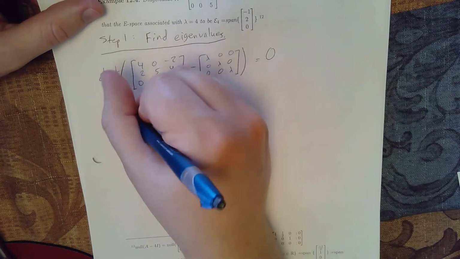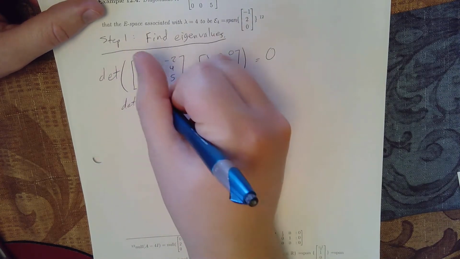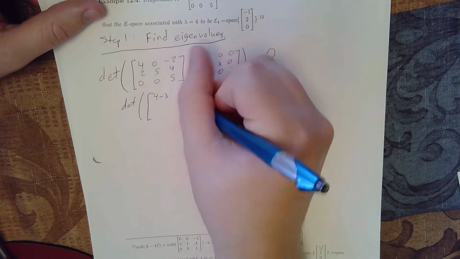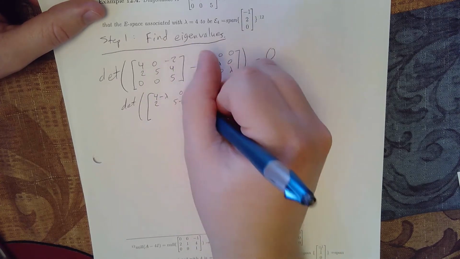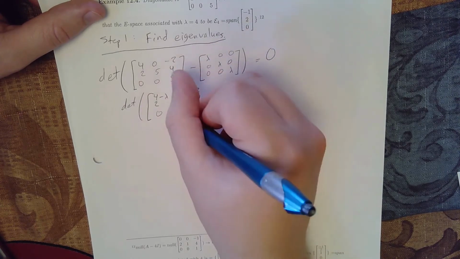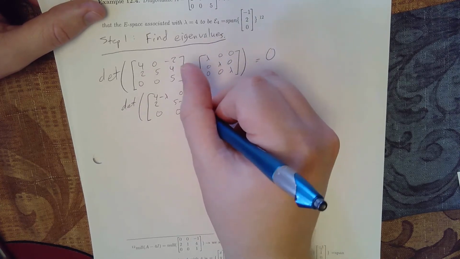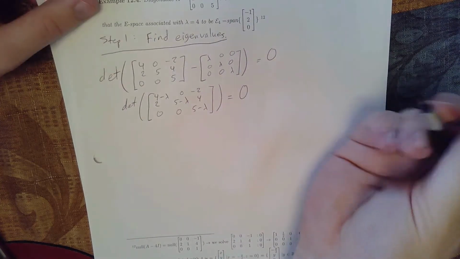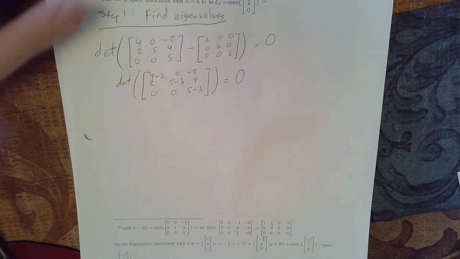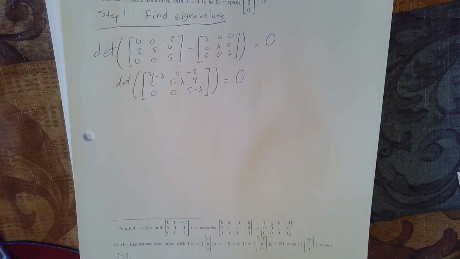So really we're taking the determinant of [4 minus lambda, 0, -2; 2, 5 minus lambda, 4; 0, 0, 5 minus lambda]. Now this is a 3 by 3 matrix, so we want to do a cofactor expansion, and pick a row or a column that makes sense.